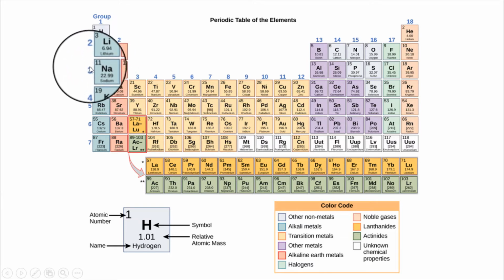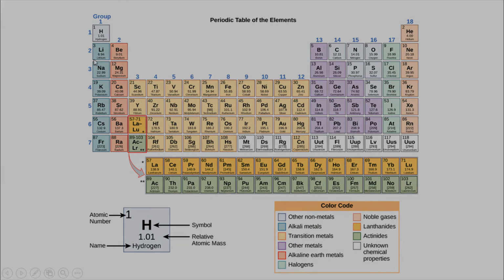What does that mean? It means that the total number of particles that we have in sodium is basically 23. We have 11 of those particles that are protons. So the rest are neutrons. We would have 12 neutrons for 11 protons in sodium.